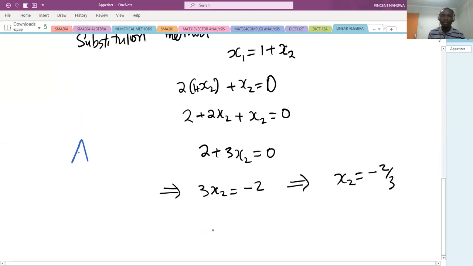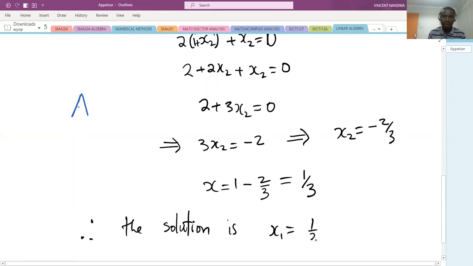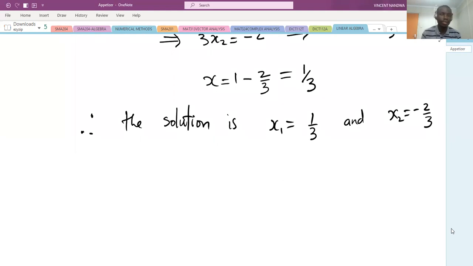Then x1 will be 1 plus x2, which is 1 minus 2/3, which is 1/3. Therefore the solution to this system is x1 equals 1/3 and x2 equals -2/3.